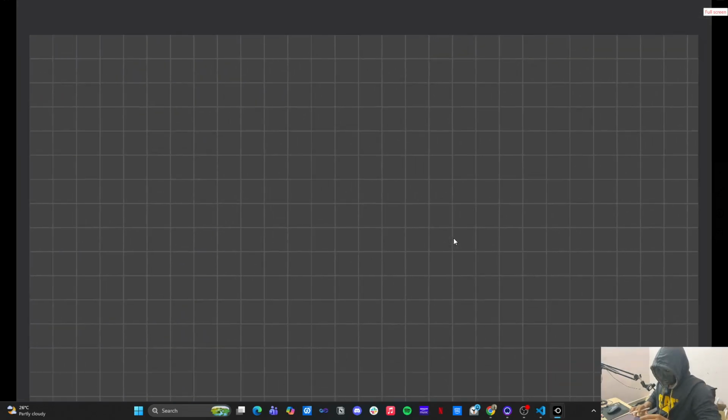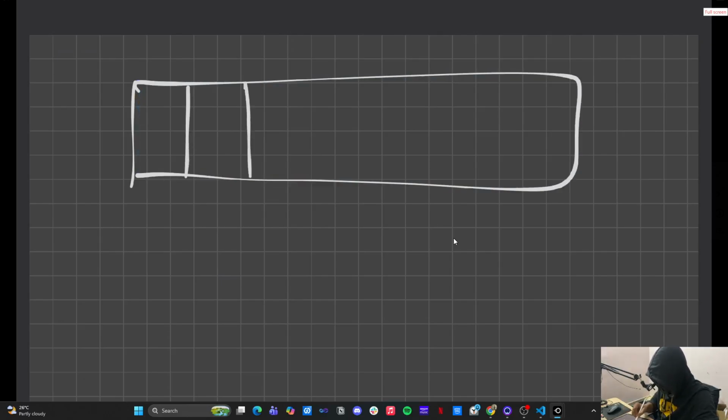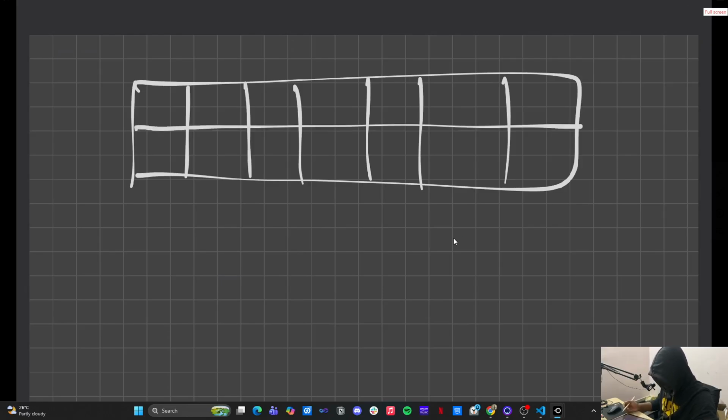So let me take a bigger case, what I'm actually trying to do. When I'm solving a problem from the top left, I'll have some colors.